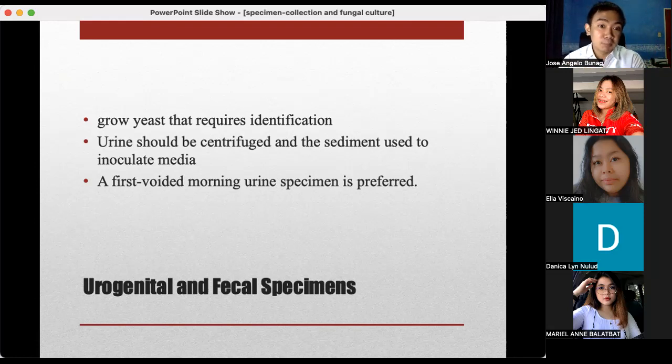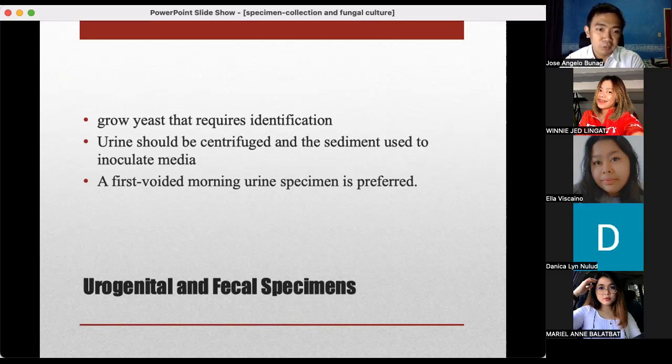Process as soon as possible to prevent the growth of your bacteria, and the recommended processing time is within 2 hours after collection. If beyond 2 hours, you must store that at ref temperature, kung madedelay yung ating mga specimen.